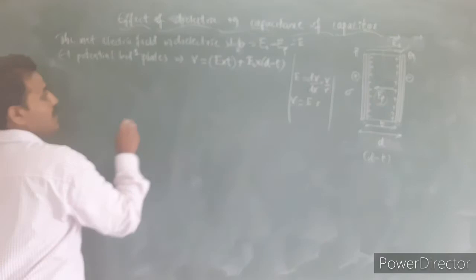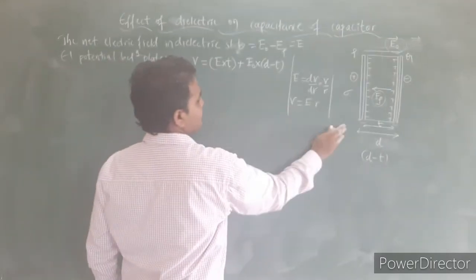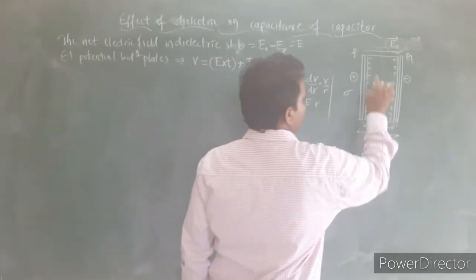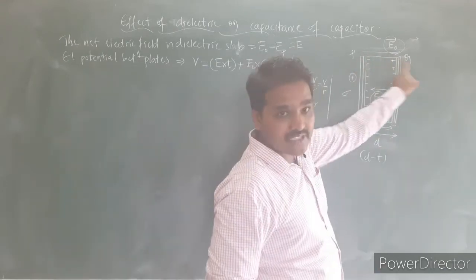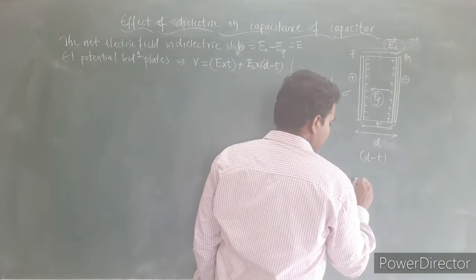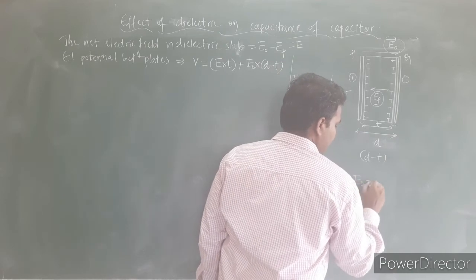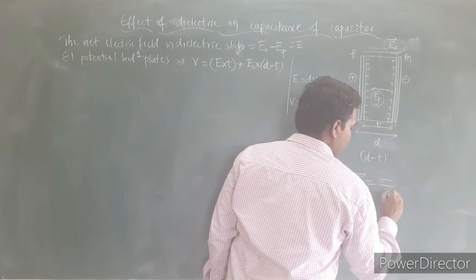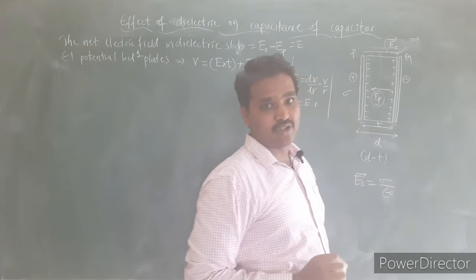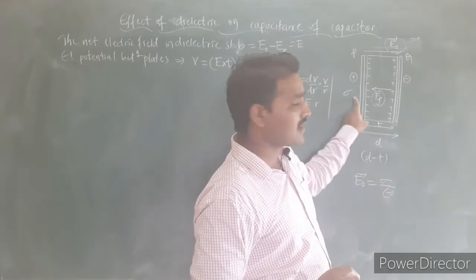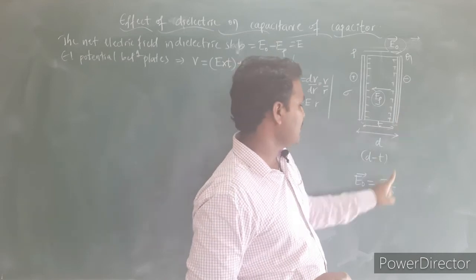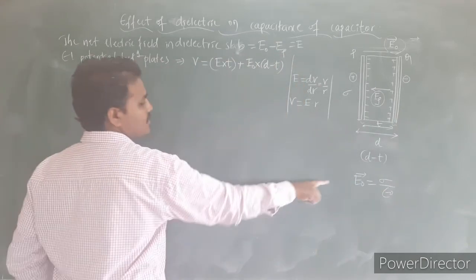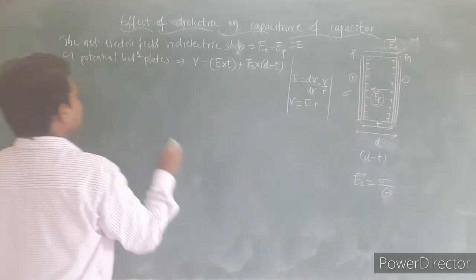Now, we have another relation: when I have electric field intensity E naught between the plates of the capacitor, it can also be written as E naught is equal to sigma divided by epsilon naught, where sigma is the surface charge density present on the plates of the capacitor. So, here I am using E naught as sigma divided by epsilon naught.